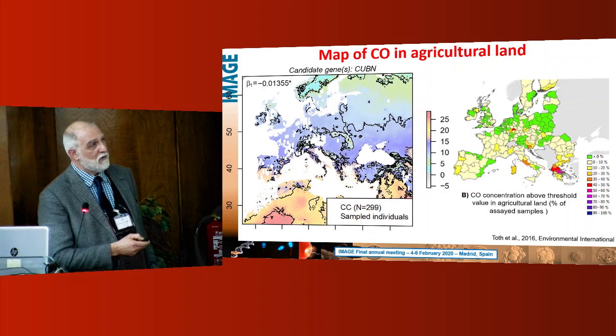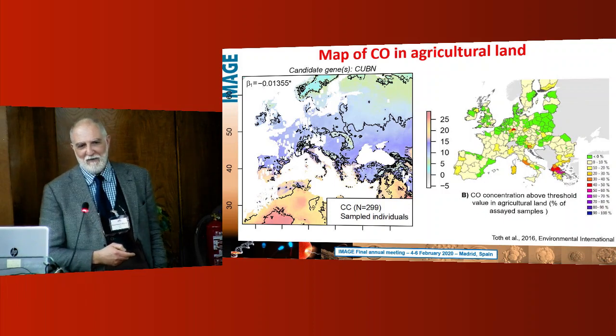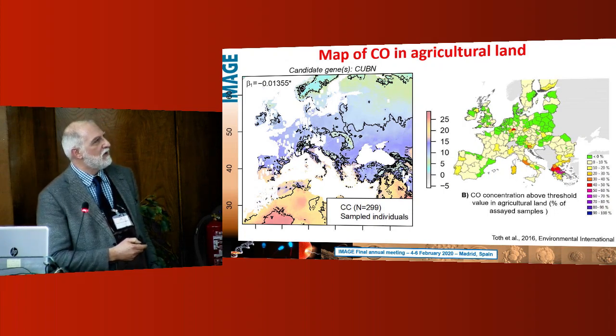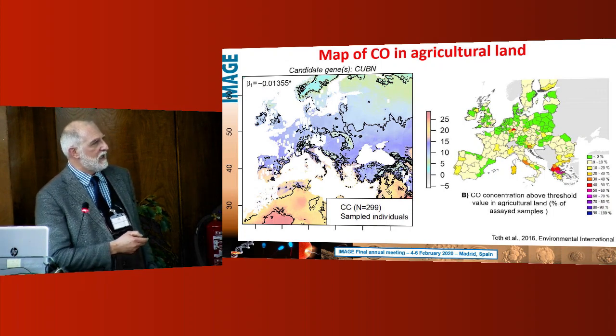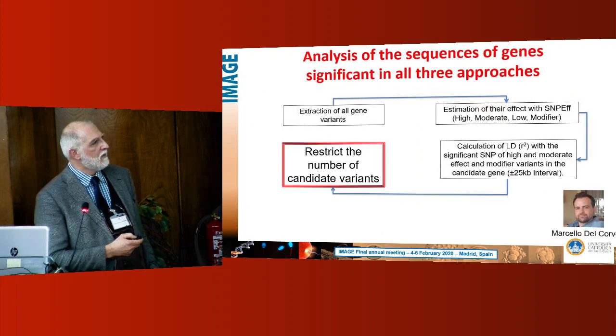We have to ask EPFL to see if they have a better map and to try to match this cobalt concentration with the presence of the different cobalamin receptors here.